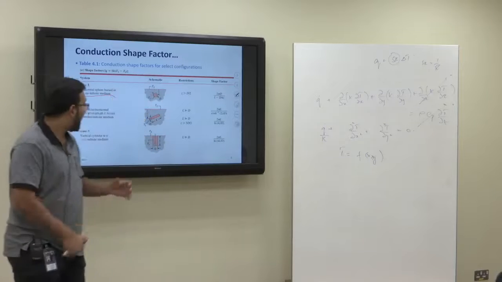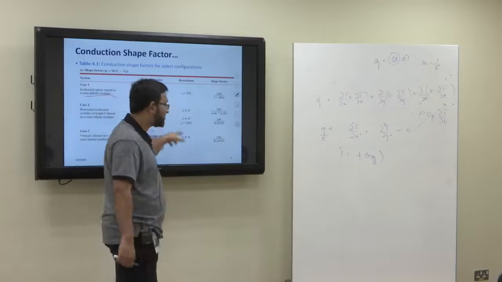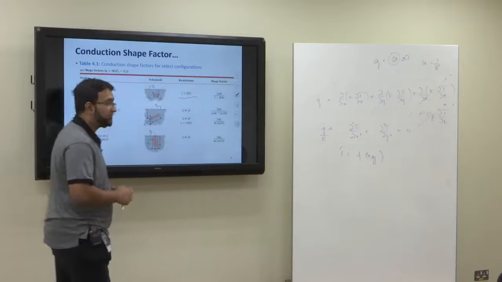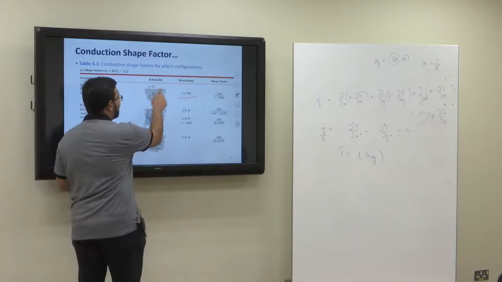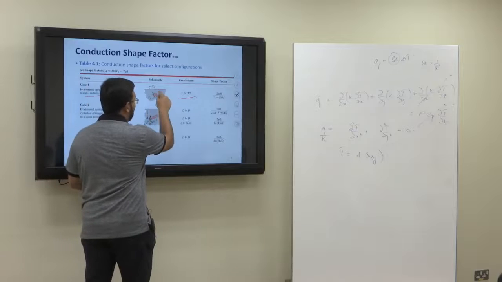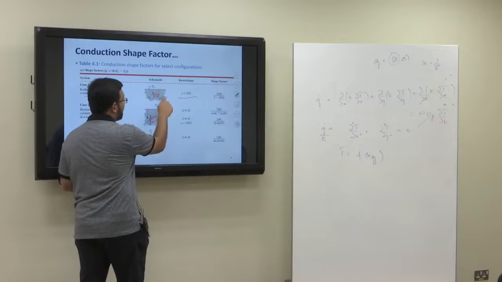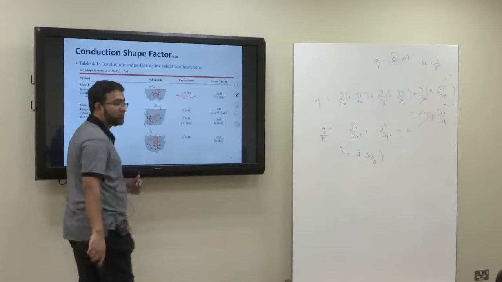Now for these cases, you have some limitations. For example, in this case, the limitation is that if the distance of the center of the ball from the surface of the water level is z, then z should be much greater than D by 2.